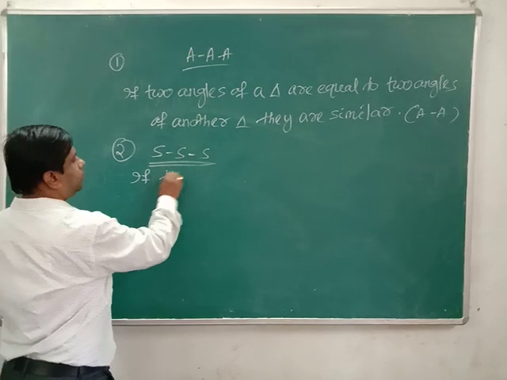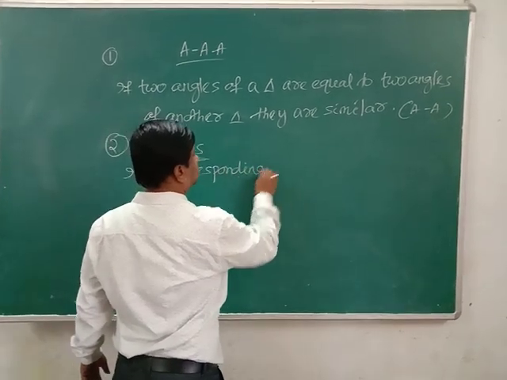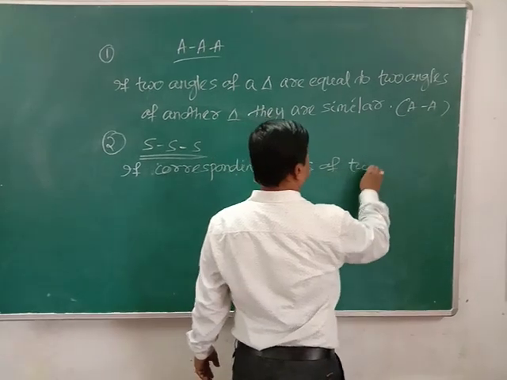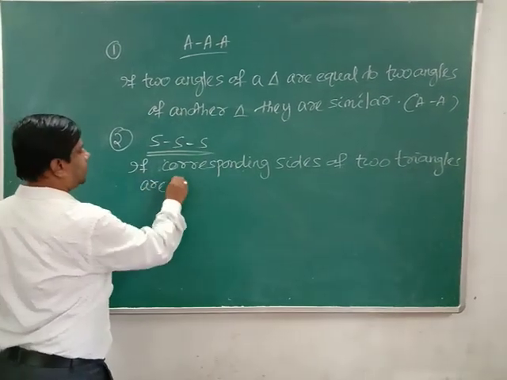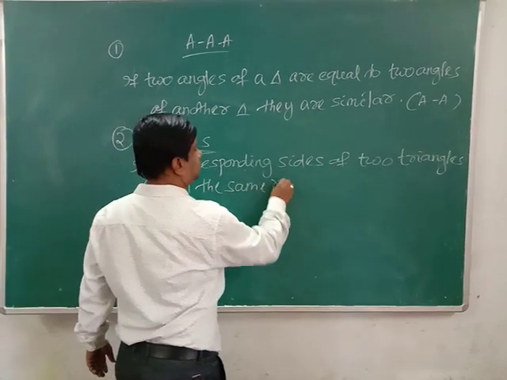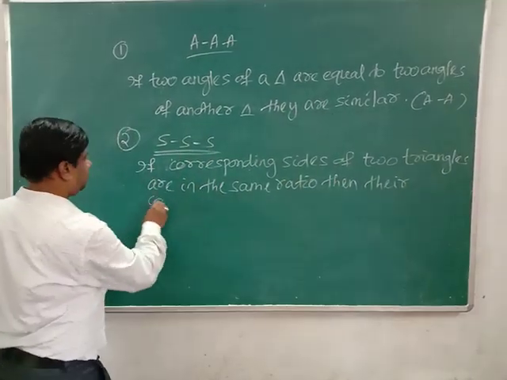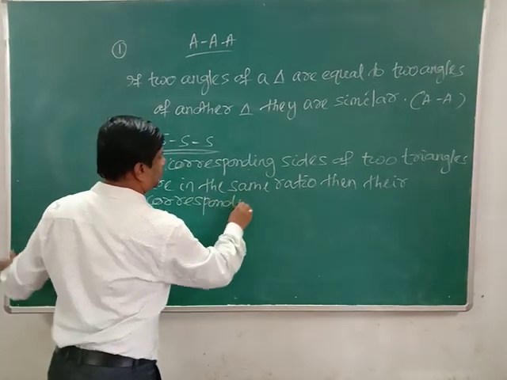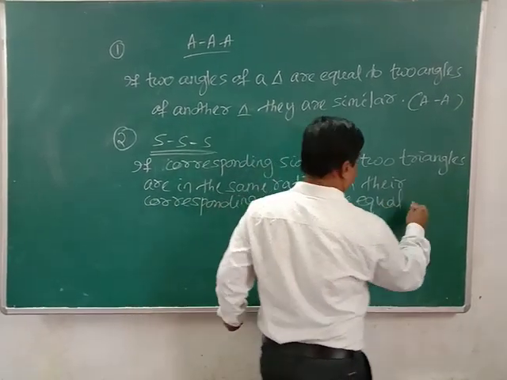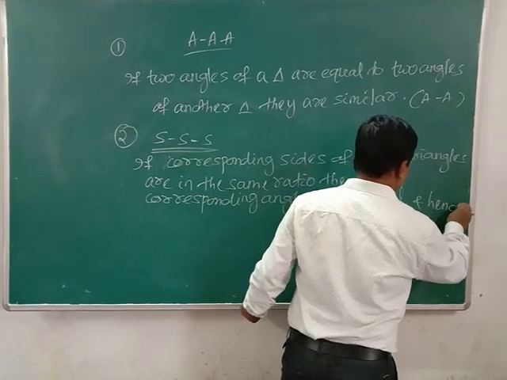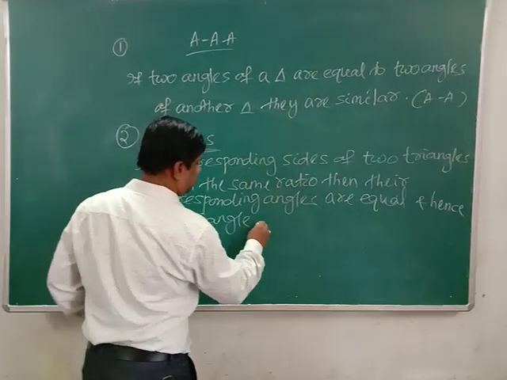If the three corresponding sides of two triangles are in the same ratio, then their corresponding angles are equal, hence the two triangles are similar.